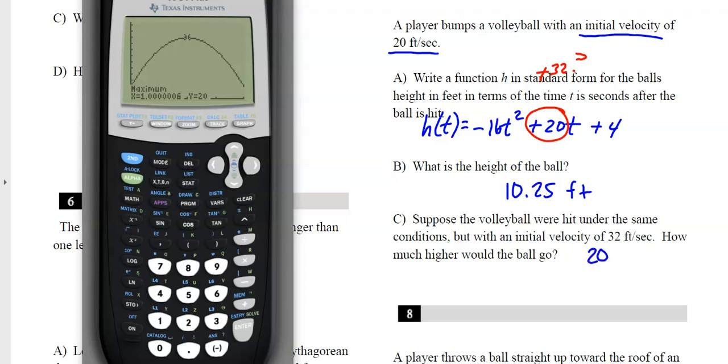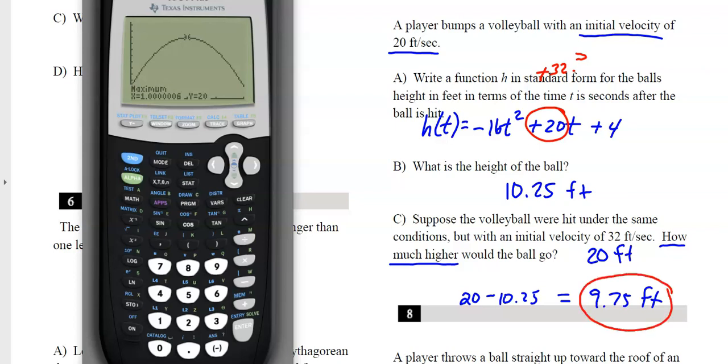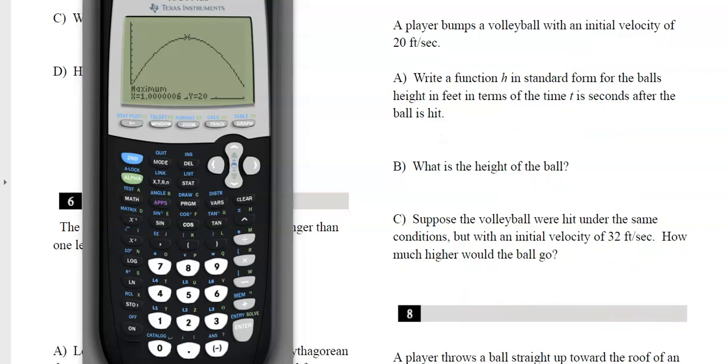But that doesn't answer the question, because it said how much higher. So I would have to subtract those two. I'd have to do 20, take away 10.25, which is 9.75 feet. So on an SAT question, they would probably have the 20 in there as an answer to try to trick you, which is kind of mean, but that's what they do.